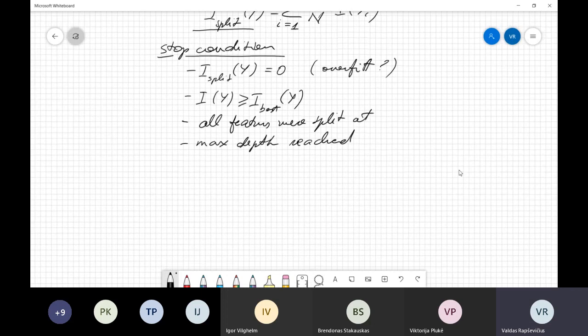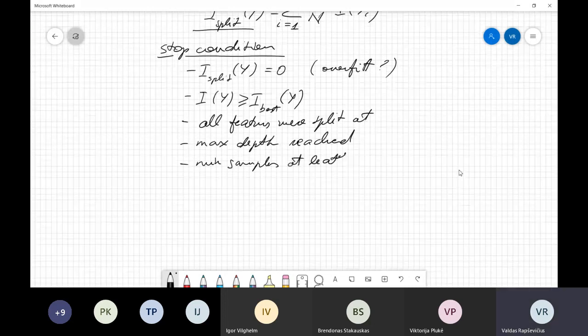We can have some more, for instance, minimum samples at leaf reached. So there's no more reason to split because our leaves are small enough.